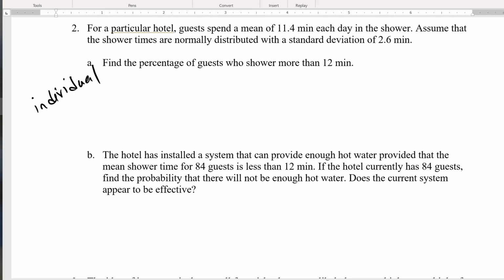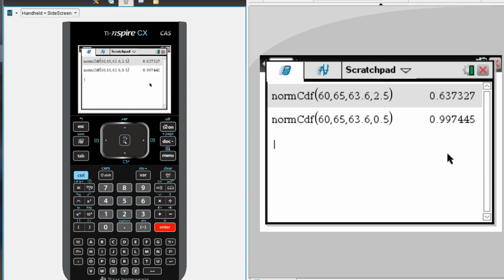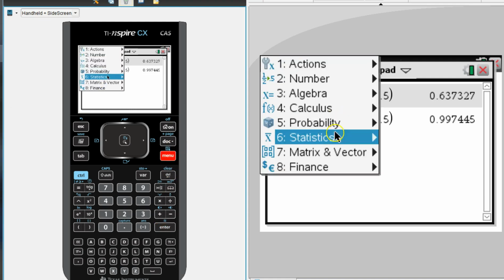So let's look at this and go, okay. The probability of an individual being greater than 12. Norm CDF. Our minimum is 12. We're going forever to the right, so infinity. Our mean and our standard deviation. Done. I think we have a calculator for that. Norm CDF.